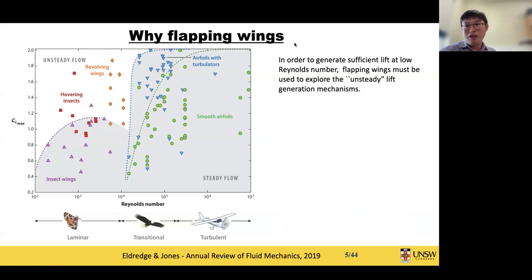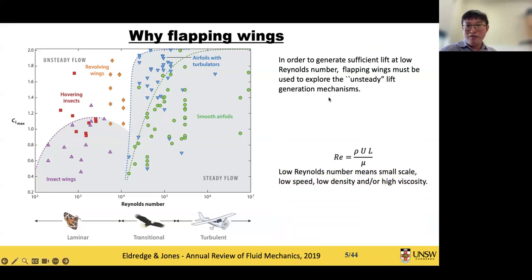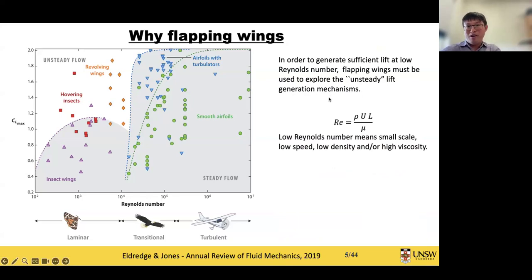Then we look at the definition of the Reynolds number. It is density rho multiplied by operating velocity, multiplied by the scale, and divided by viscosity. Low Reynolds number means small scale, so the characteristic length is smaller, and also low speed, low density, or high viscosity.